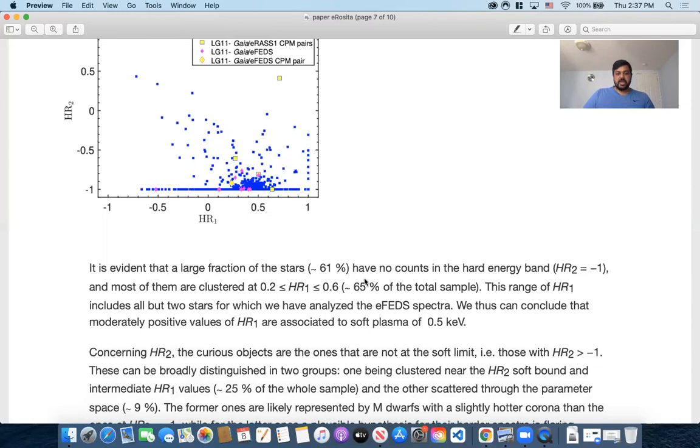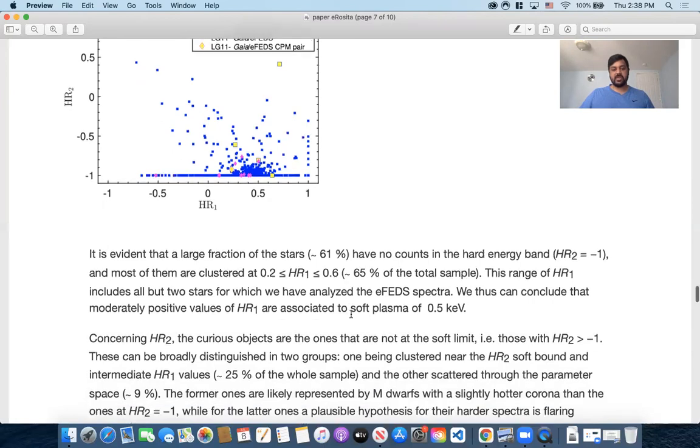It is evident that a large fraction of stars have no counts in the high energy band, and most of them are clustered at 0.2 to 0.6 in HR1. This range of HR1 includes all but two stars for which we have analyzed the EFEDS spectra. We thus can conclude that the moderately positive values of HR1 are associated to soft plasma of 0.5 keV.